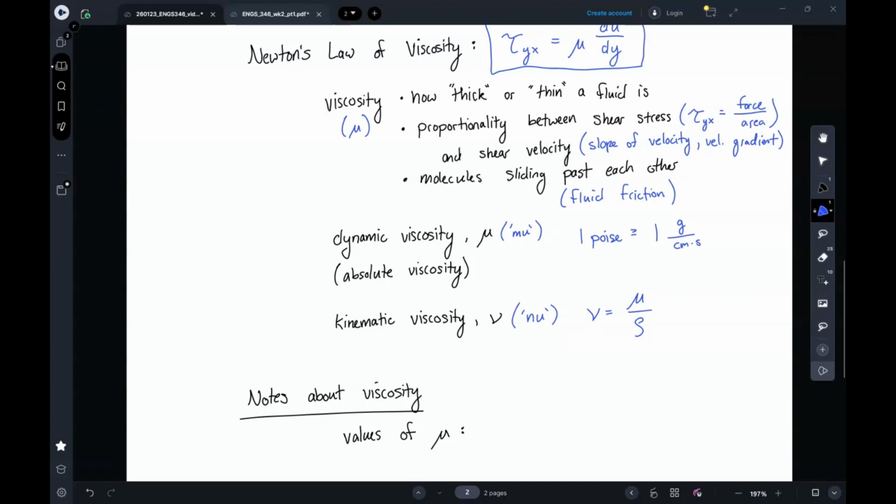We also sometimes see 1 Pascal times second, Pascal being the unit of pressure, which is 1 Newton second per meter squared. So all of these are units of dynamic viscosity.